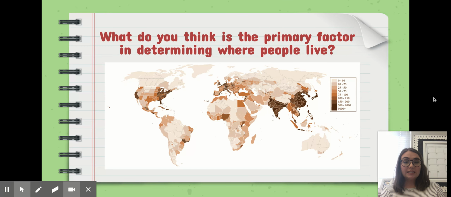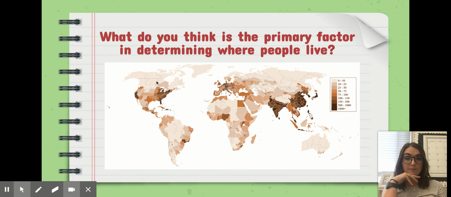The first thing we need to talk about, and I want to show you, is where people are living in the world. So, if you look at this map, you will see that the darker the shade, the more people live there. So you can see that most people in the world, not all, but most, live right here in this middle banded section.